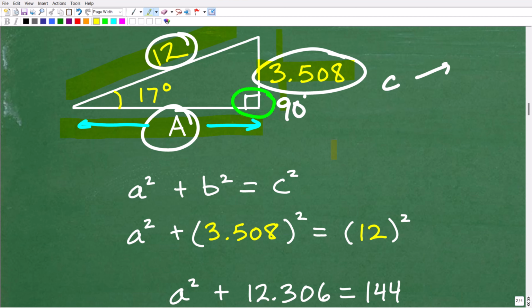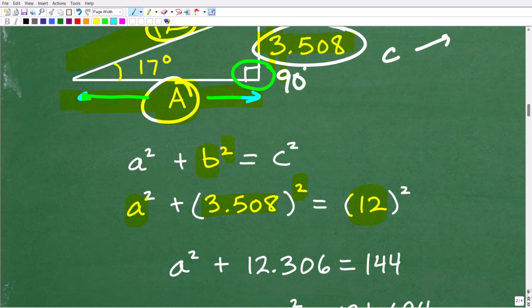That would be 3.508. So B squared is going to be 3.508 squared. Now we don't know what A is, so we'll label that as A squared. Alright, so this is going to be the sum of the squares of the shorter sides. That's going to be equal to the square of the hypotenuse, which of course is going to be 12 squared.